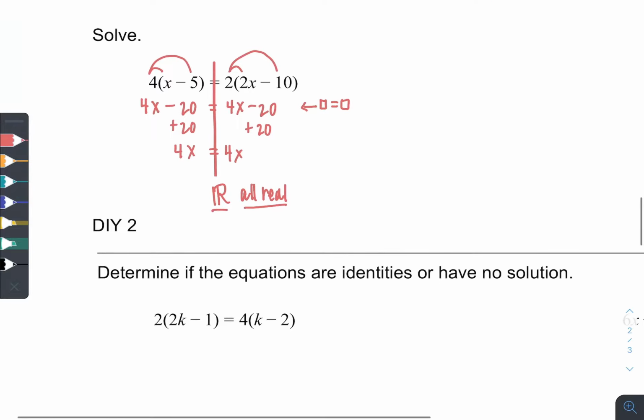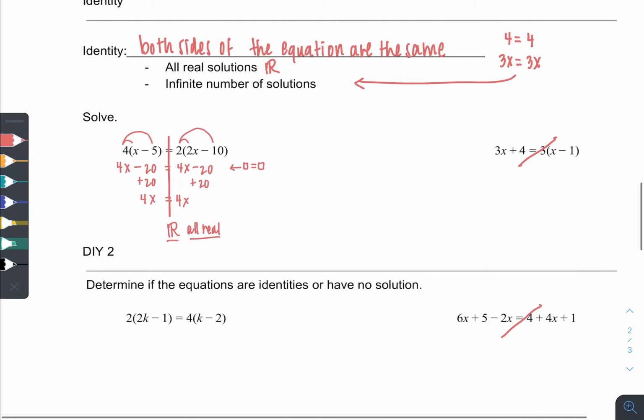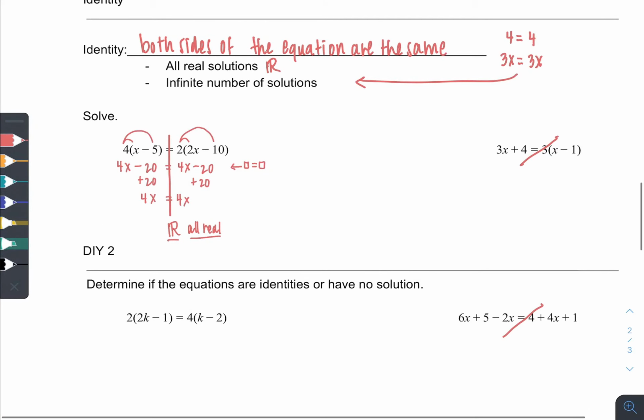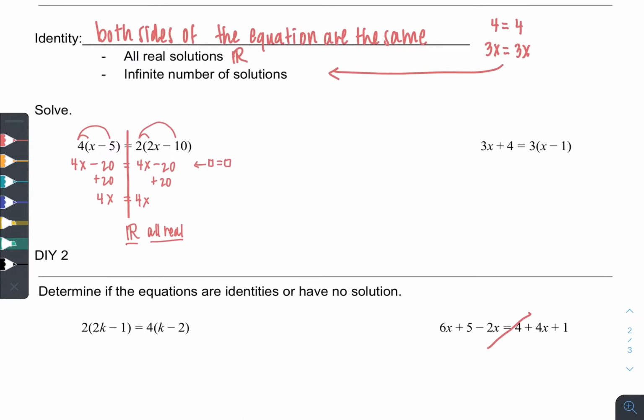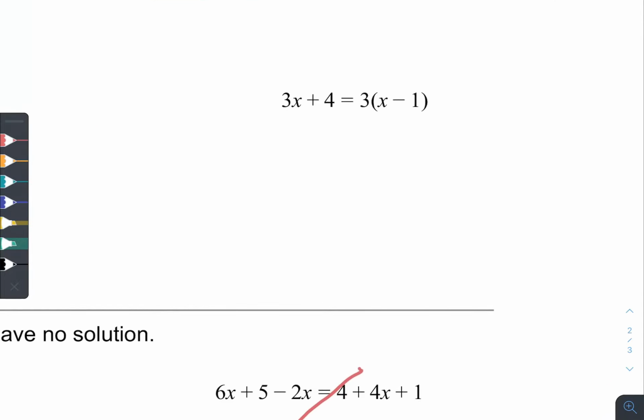All right, so go ahead and, you know what? We do have to do this example. I lied. Let's look at this example here. Distribute on this side. So I get 3x plus 4 equals 3x minus 3. Let's go ahead and subtract 3x from both sides.